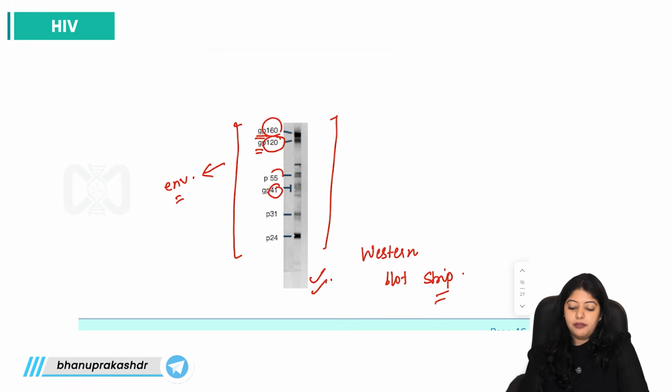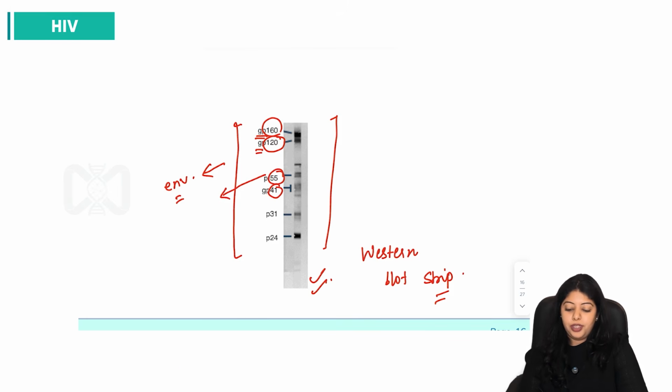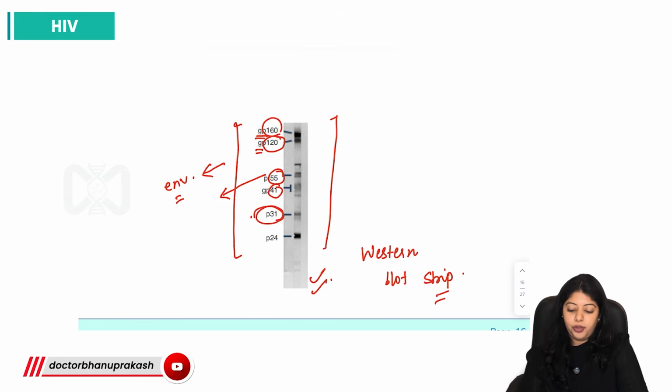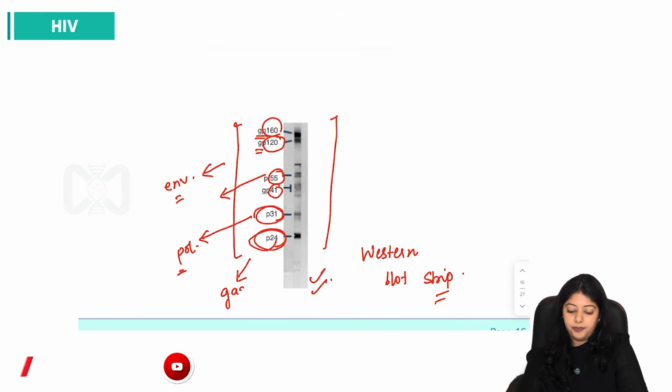Then we have 55, which was also the precursor protein for GAG. Then we have 31, which was for Pol, and P24, of course it is for the GAG, right?